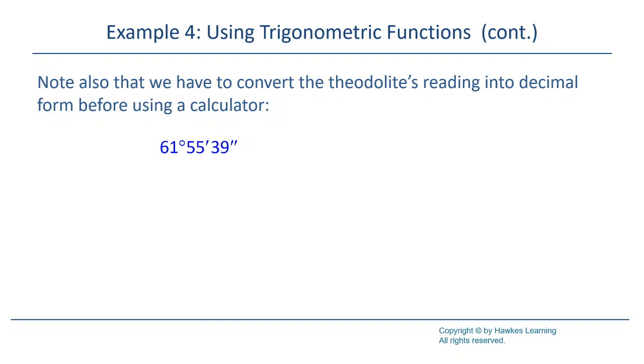So 61 degrees, 55 minutes, 39 seconds, which if we expand that out is 61 plus 55 over 60 plus 39 over 3600, which is roughly 61.9275 degrees. Now, you can be as accurate as you want. The thing is, figure out just how accurate you need to be. We are to 4 decimal places, so we should have a pretty good idea of what it's going to be.